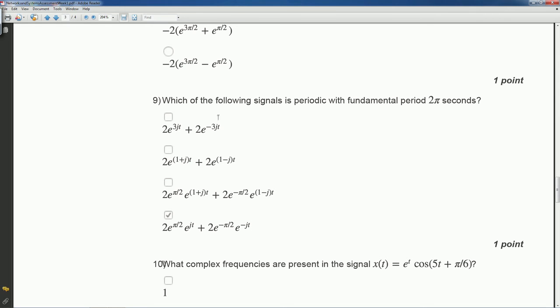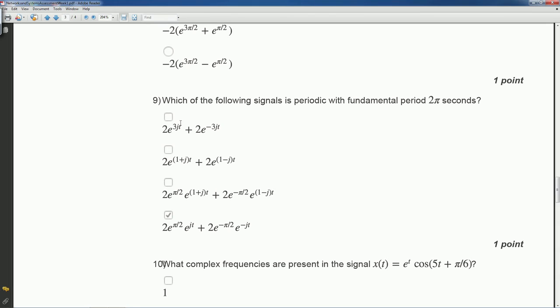Now if you look at the first choice, this is a little bit more interesting. It turns out 2 pi is a valid period for this signal. If you put t plus 2 pi instead of t, you will get the same form again. So, it repeats at 2 pi, but it turns out it is not the fundamental period.